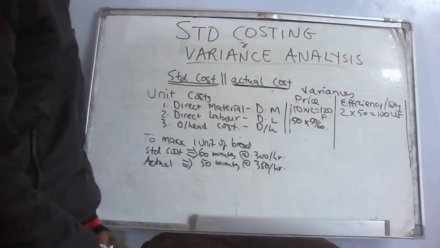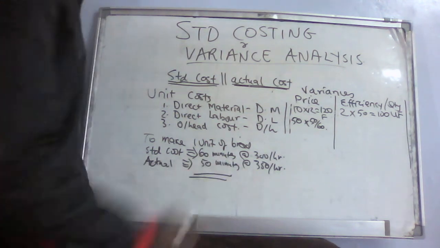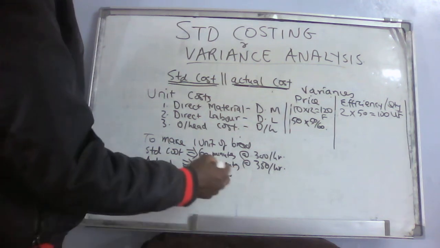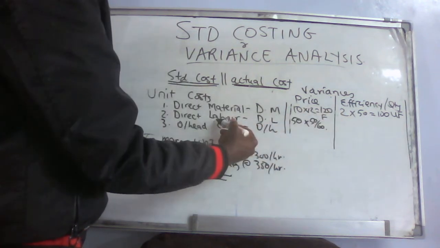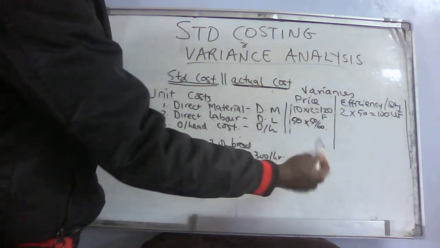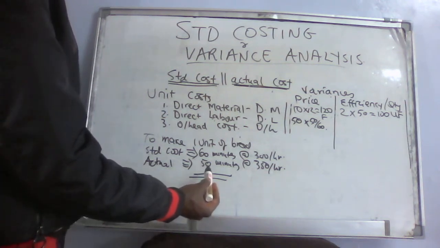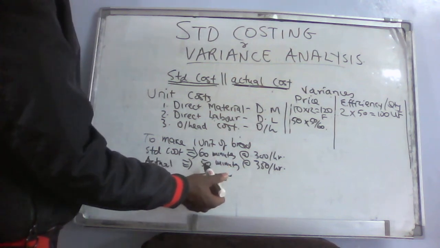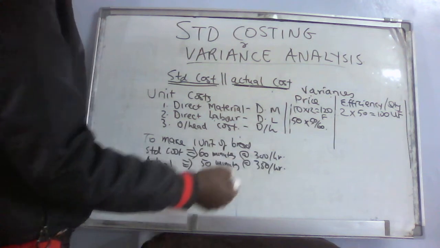Then when we go to the efficiency variance, we compare our projected quantity. This is also called the direct labor quantity variance, or labor efficiency variance, it is the same. This one will be the change in hours times the standard price of labor.